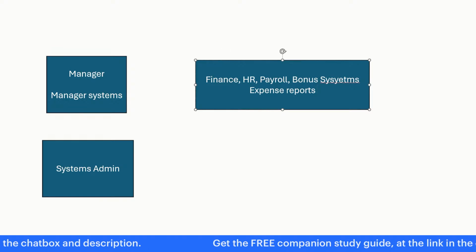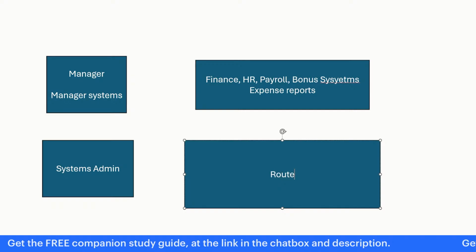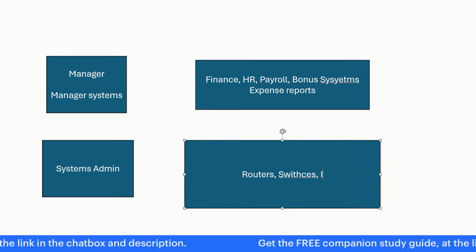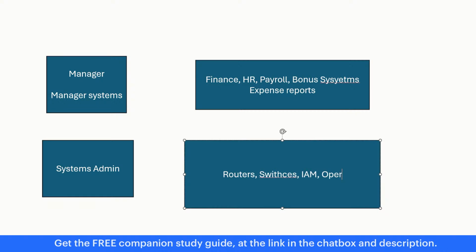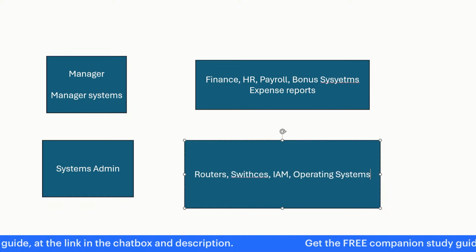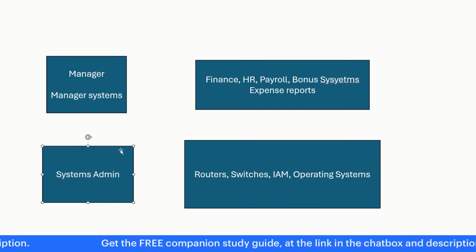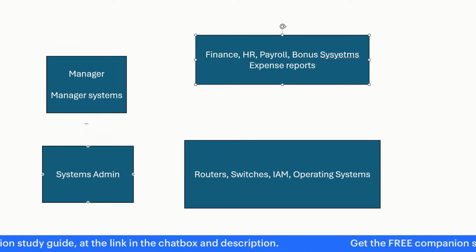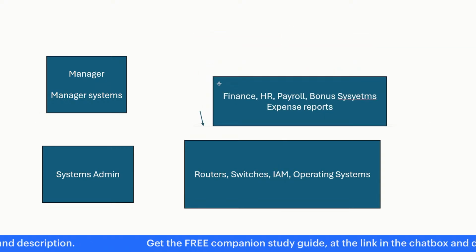And the systems admin, by comparison, needs network access to the routers, switches, the IAM systems, operating systems. So you're seeing this. Imagine we have this user, and they've had these privileges, and now they take a sysadmin role, and now they get these privileges, but nobody ever took their privileges away.